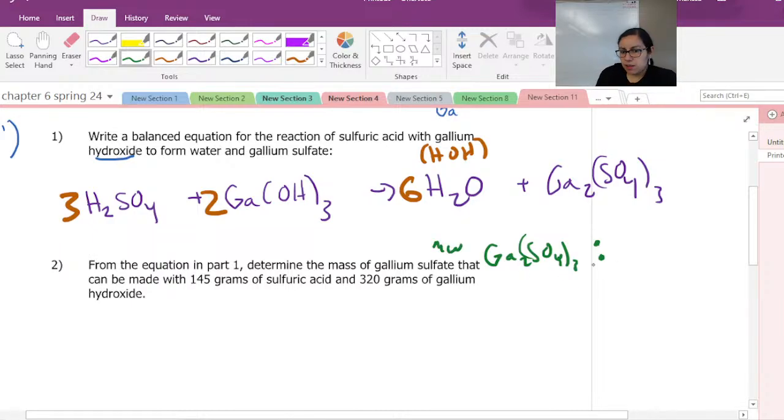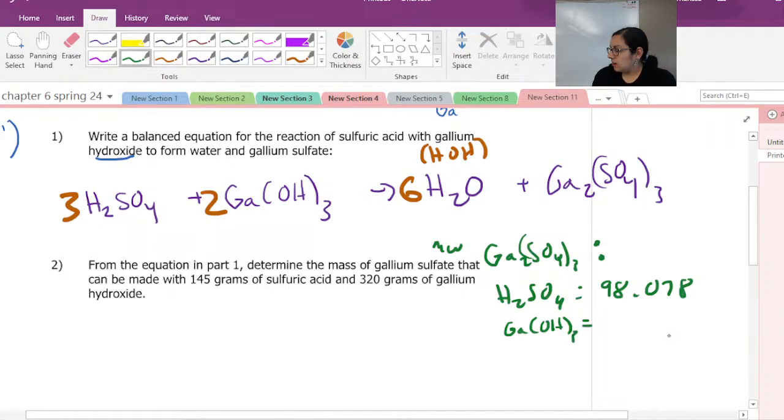Does anybody have gallium sulfate's molecular weight by any chance? Then we need sulfuric acid. So we definitely need our sulfuric acid molecular weight. 98.078. And then gallium hydroxide's molecular weight. Any takers?